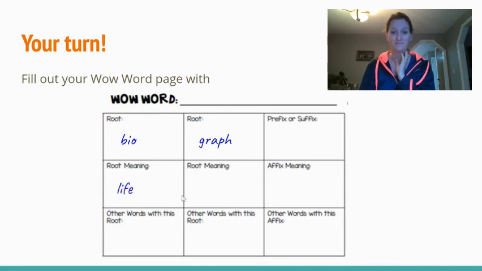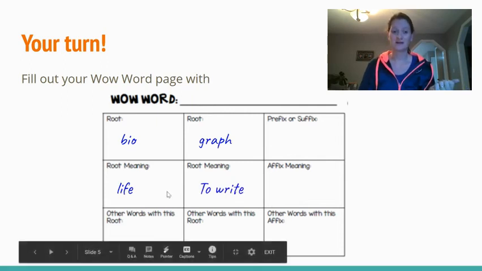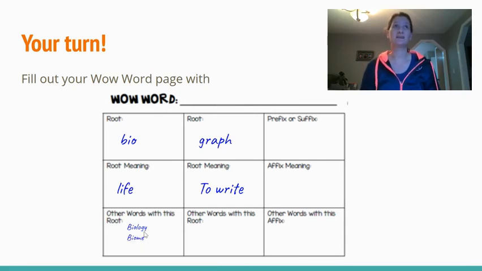Is life. And the root meaning of graph means to write. So to write about a life. What are some other words with this root bio, meaning life? Well, I've just put biology and biome, and you could think of any others yourself, or ask anyone in your house if they know any other bio words. You could put some in there.